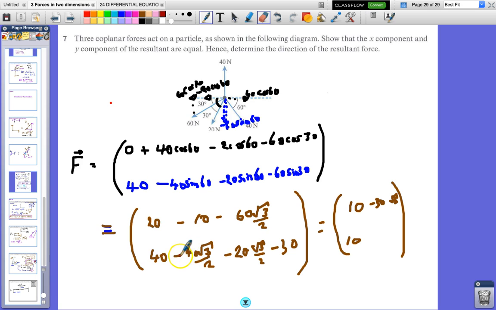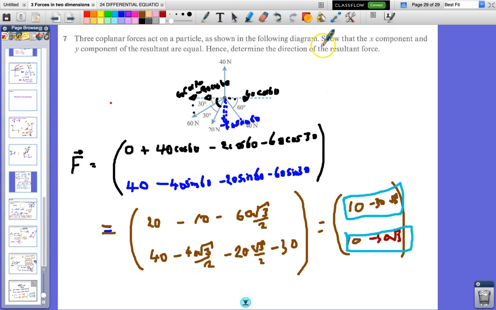For the y component, we have negative 20 root 3 minus 10 root 3, so it's minus 30 root 3. So the x component is 10 minus 30 root 3, and the y component is 10 minus 30 root 3. That is exactly what the question was asking you to determine.